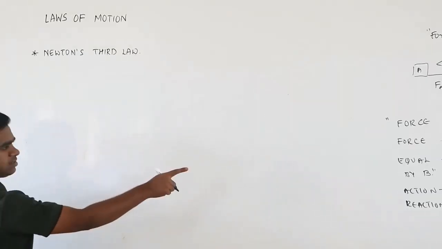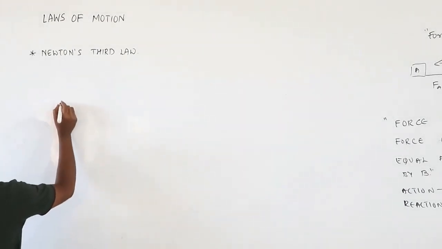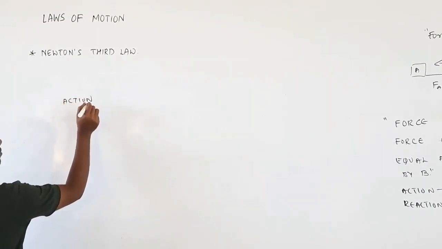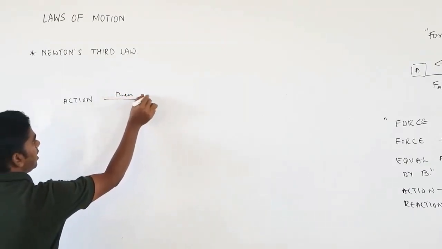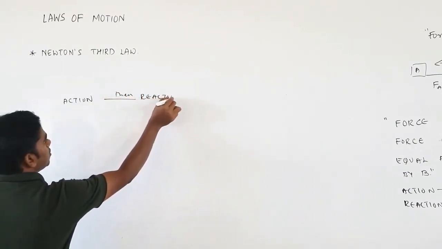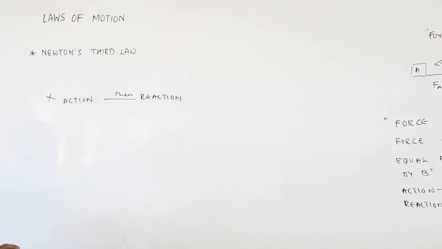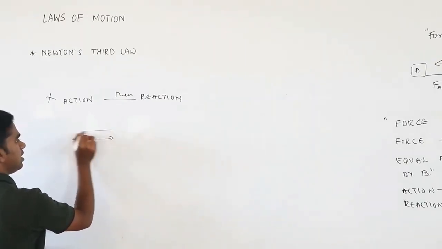So there is one more wrong conception that people usually take when they read action-reaction: that the action will come first, then the reaction will come. It is not like that. It doesn't mean that first action will come, then reaction will come.